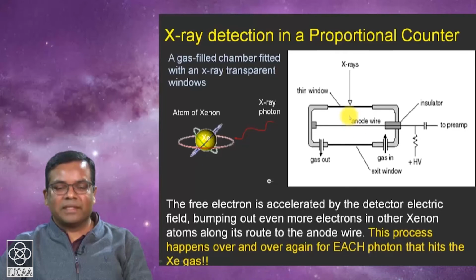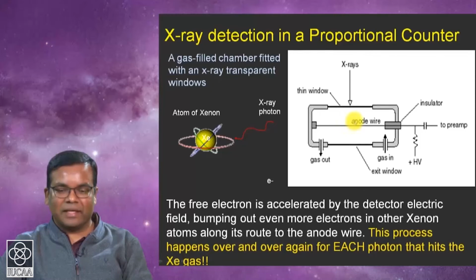In this process, electrons gain energy and ionize other atoms. So one electron generated by the X-ray photon, when it moves closer to the anode, creates a large number of other electrons. Therefore, a bunch of electrons, or an electron cloud, is generated from one single photon, and this is collected at the anode wire. That is how X-rays are detected in proportional counters.